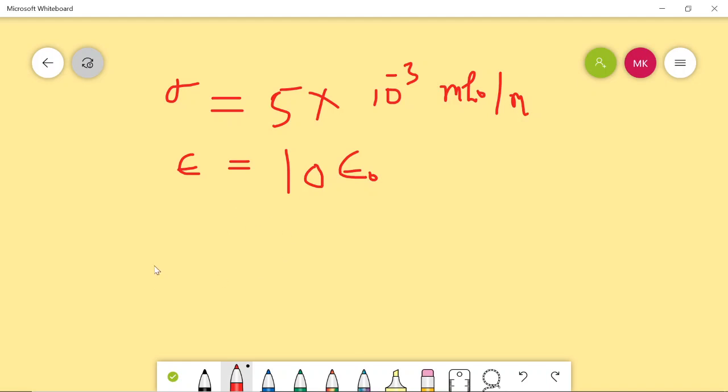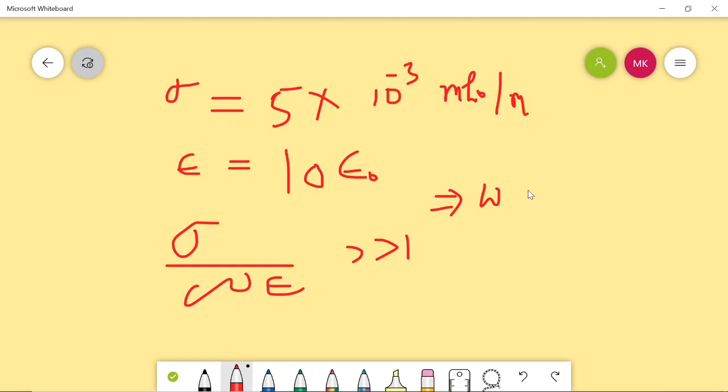So the earth is considered to be a good conductor, but let's find the frequency up to which it will be a good conductor. When you put sigma over omega epsilon, it should be greater than 1. So what it means is that omega should be less than sigma over 10 times epsilon naught.